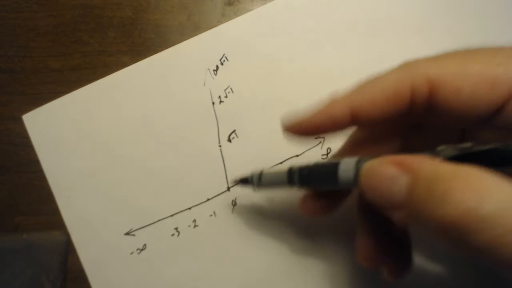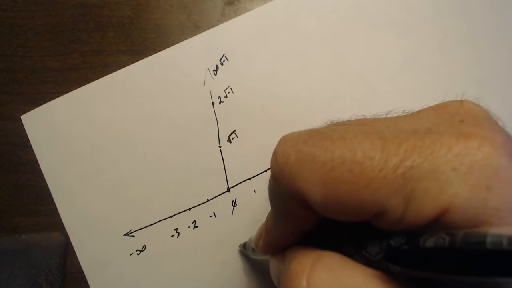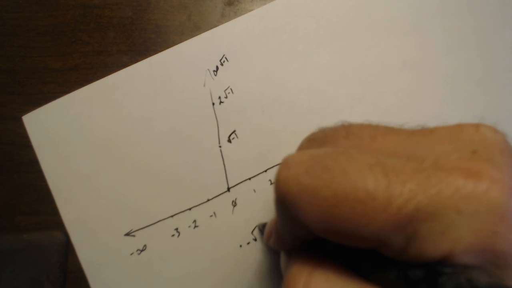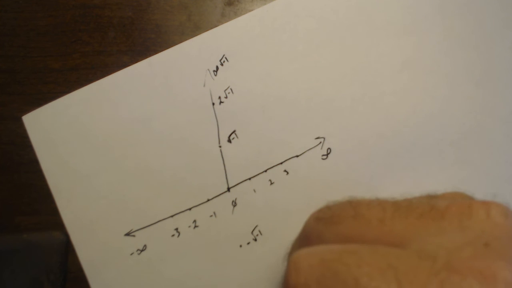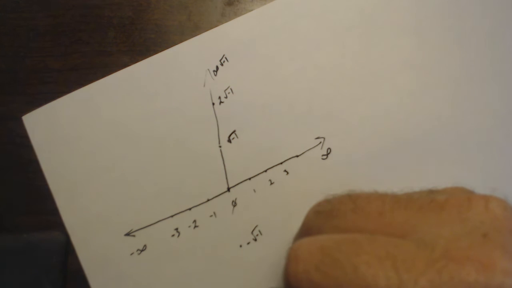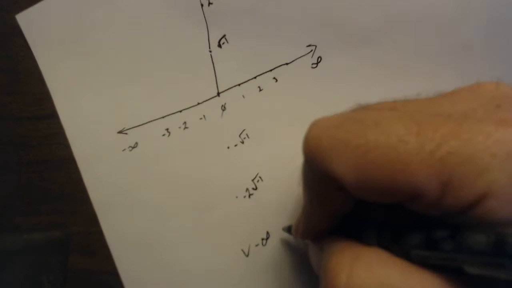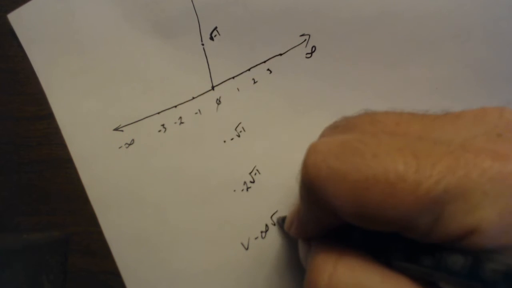Same logic applies, we can go in the negative direction. So this is the negative square root of -1, and this will be -2 square roots of -1, and out here we get negative infinite square roots of -1.